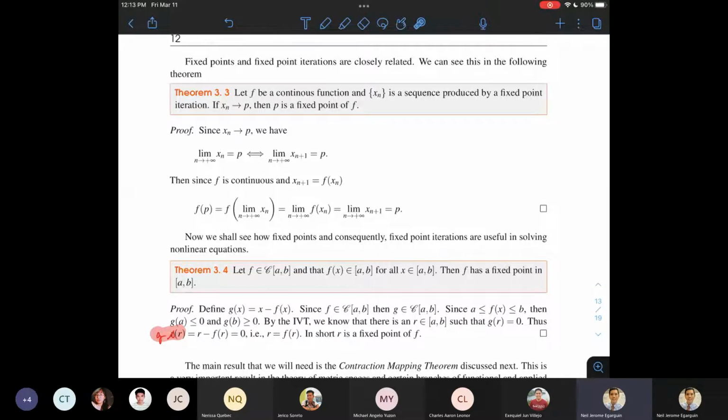Hindi necessary na convergent ang mga sequence na na-produce ng isang fixed point iteration. Pero, pag sinwerte ka, tapos nag-converge siya, sure tayo na magko-converge siya sa isang fixed point ng function f. Right? As long as, again, f is continuous. And you will see in the proof why continuity plays a very important role in this result. So let's read the proof.